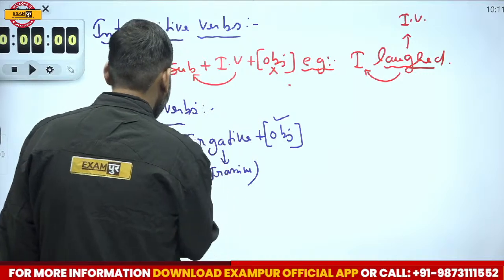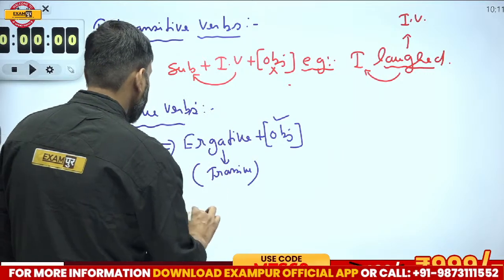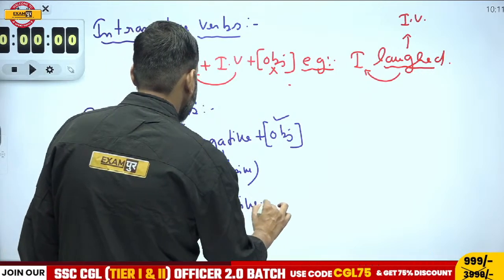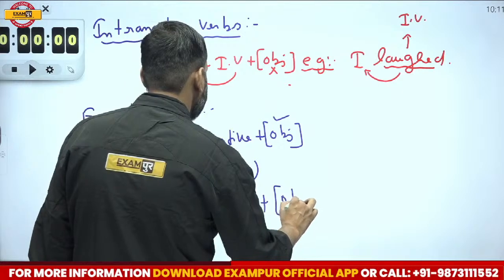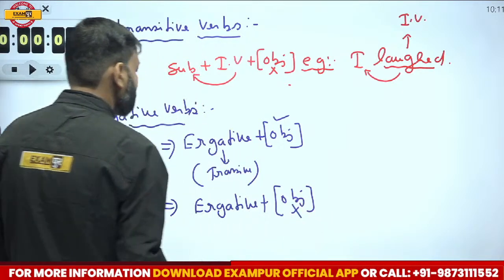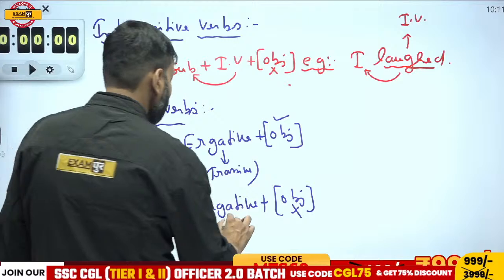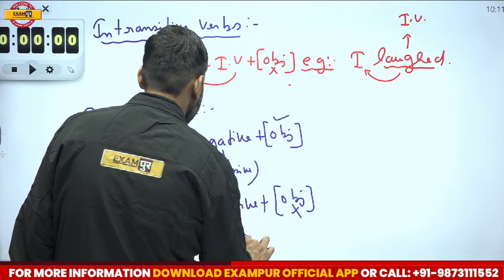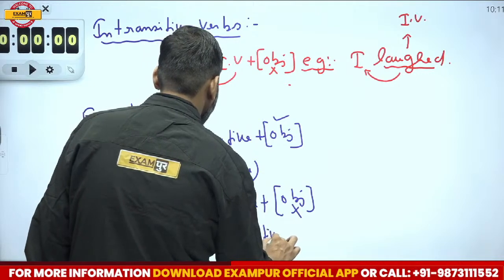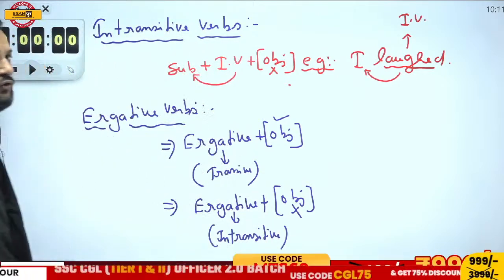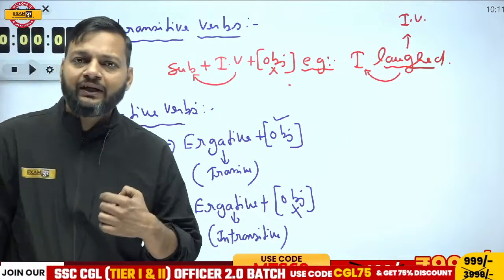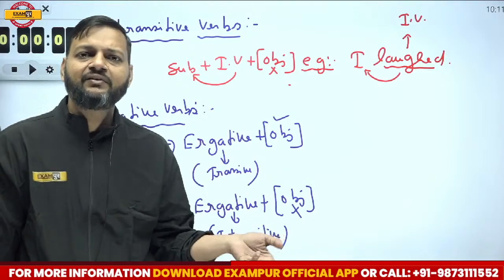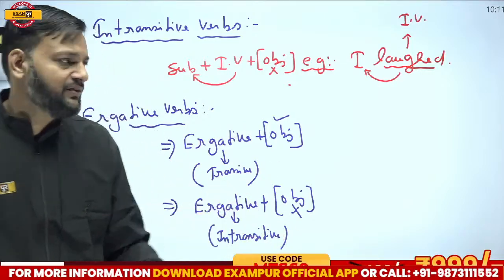And if an ergative verb is not followed by an object, it works as intransitive. So an ergative verb can be used as both transitive and intransitive. If it is followed by an object, it is transitive, and if it is not followed by an object, it is intransitive.